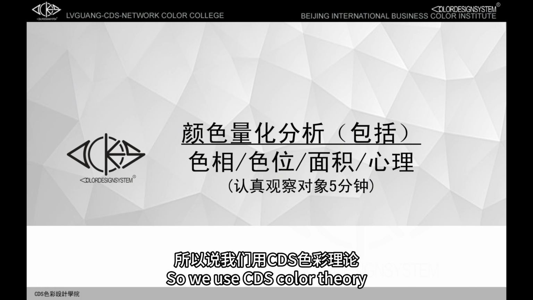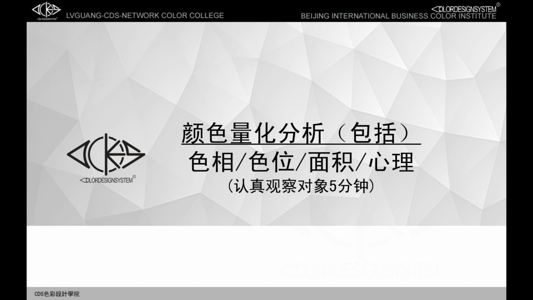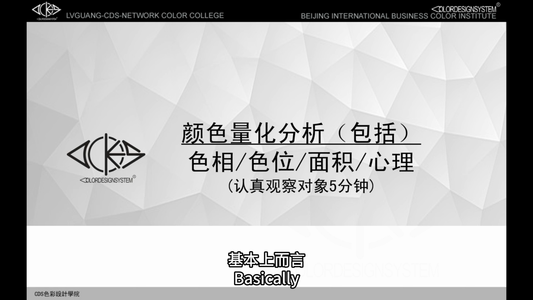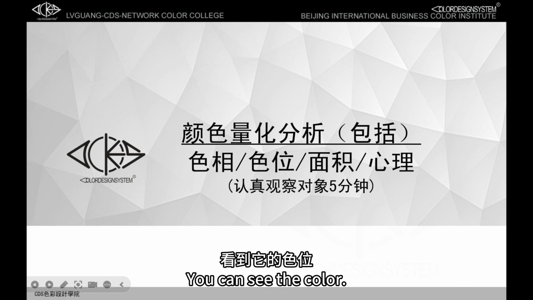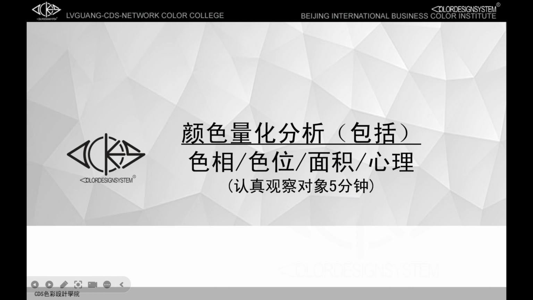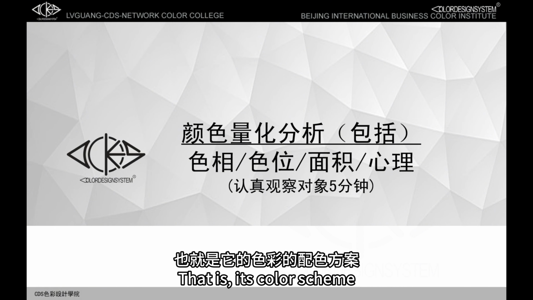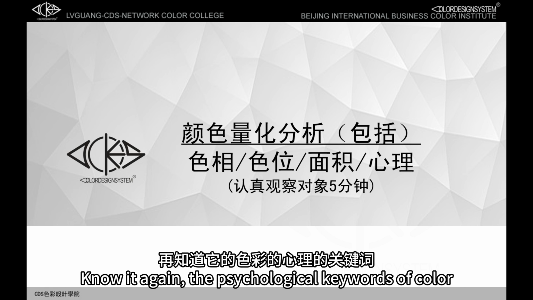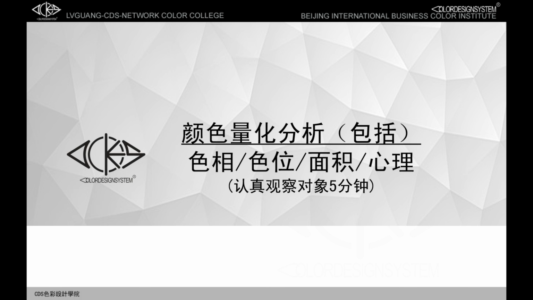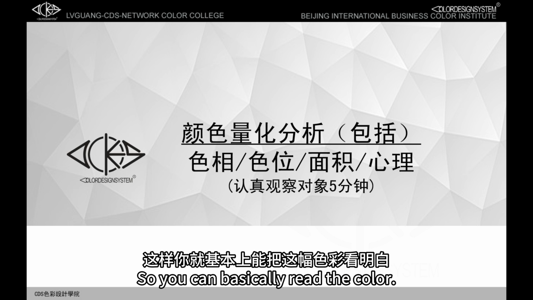So we use CDS color theory when doing color quantitative analysis. Basically, you see the hue, you see the color, you see its area color scheme, that is, its color scheme, and then its psychological keywords and psychological cues. So you can basically read the color.